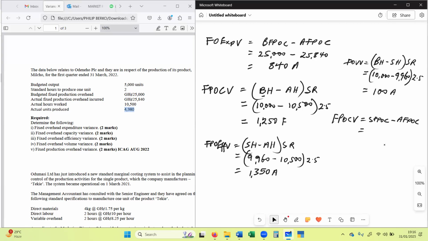So how do you get the standard fixed production overhead cost? You remember we did the standard cost card here, and we had the standard cost per unit to be what?